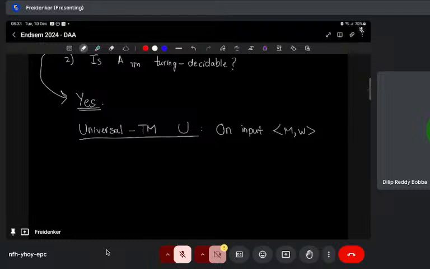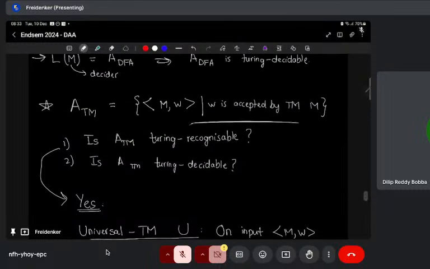So I can run M on w, giving my string as an input to M. If it reaches the accept state, so if M accepts w, then this condition is satisfied.